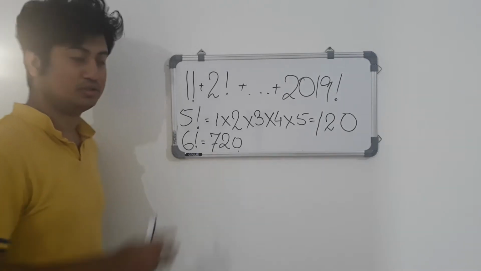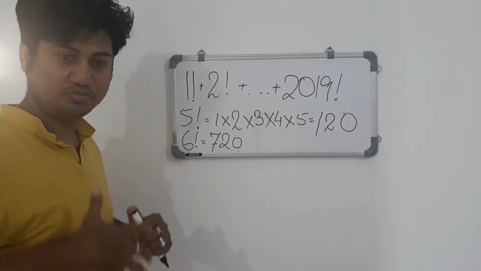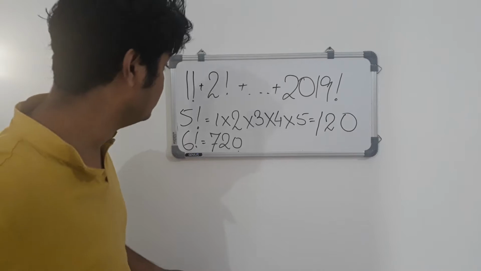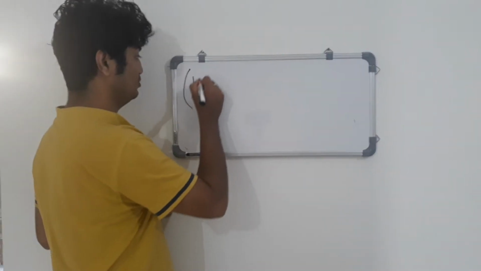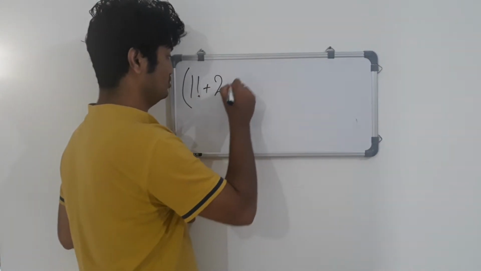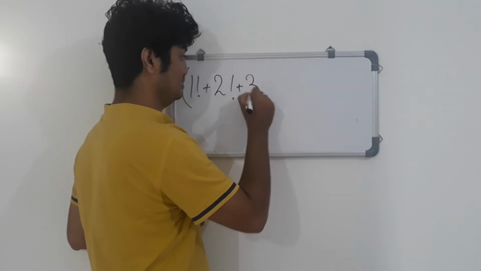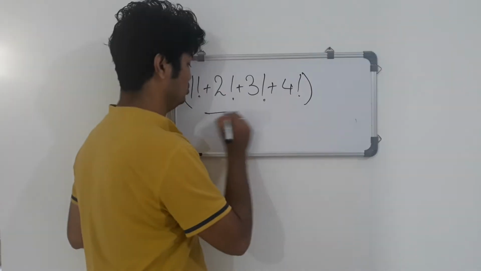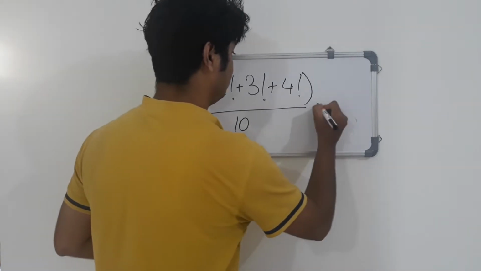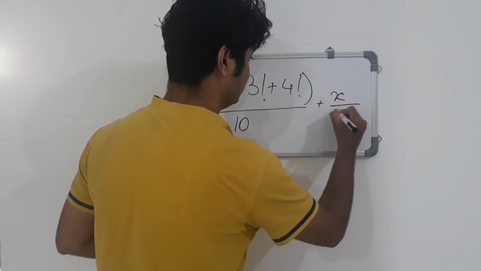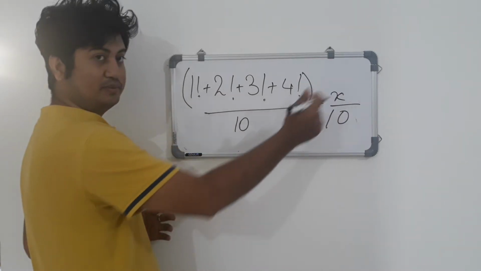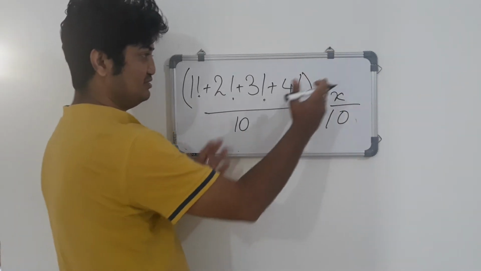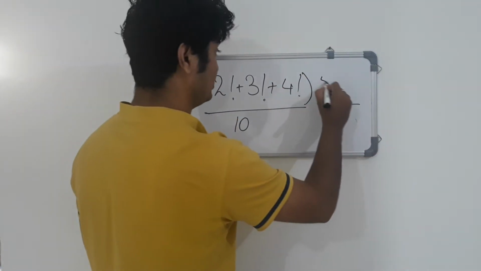So you can reduce the question to 1 factorial plus 2 factorial plus 3 factorial plus 4 factorial, whole divided by 10, plus x, which is the other summation, divided by 10. If you remember, x is 5 factorial till 2019 factorial.